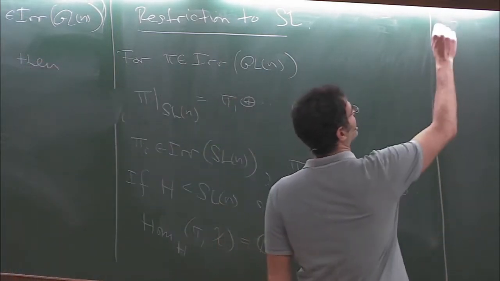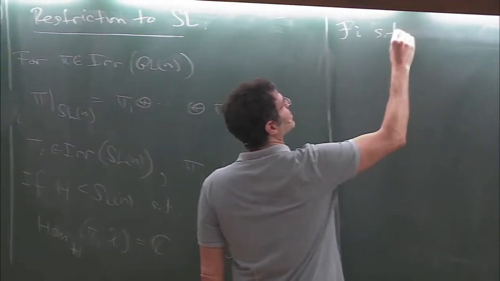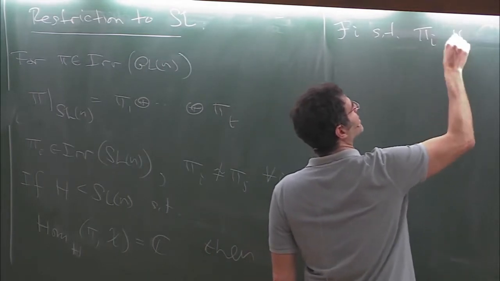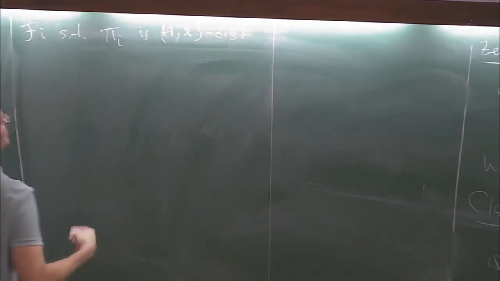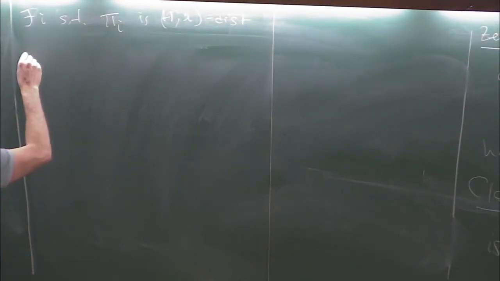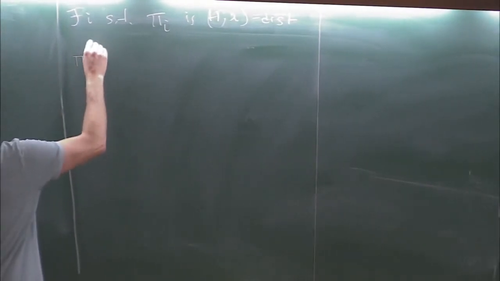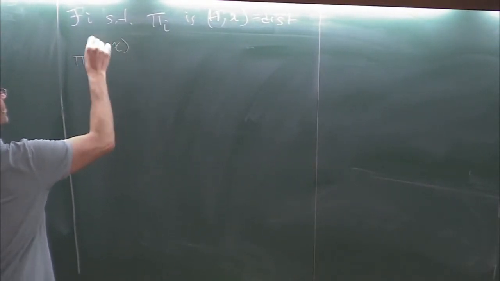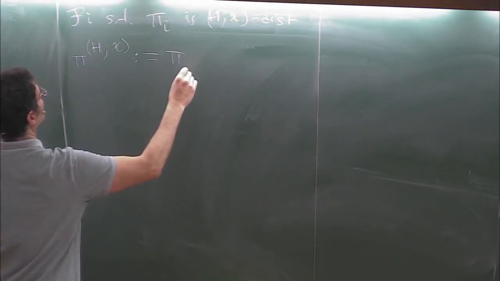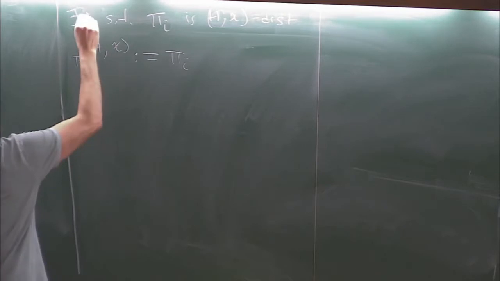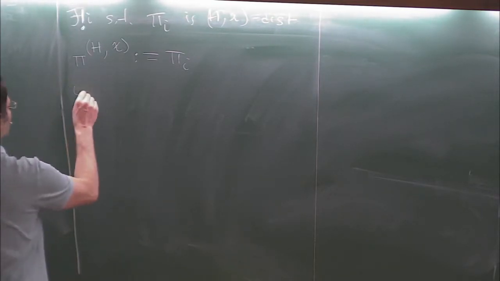So that means that there is a unique i such that pi_i is H, chi distinguished, and I'm going to denote this distinguished component as pi_{H,chi}. So I want to consider this in two examples.